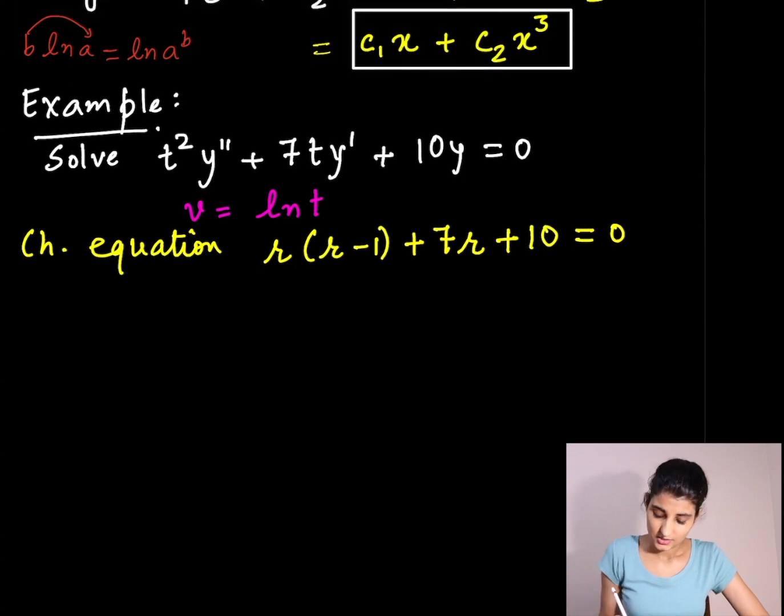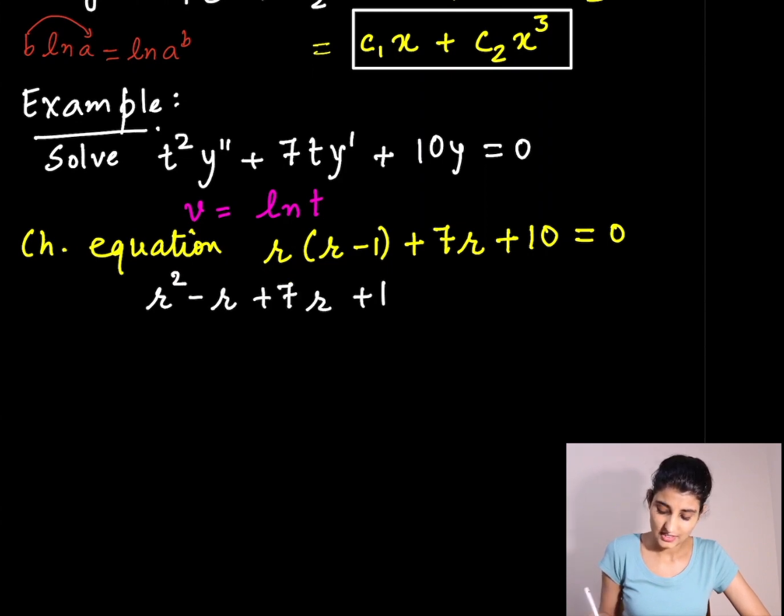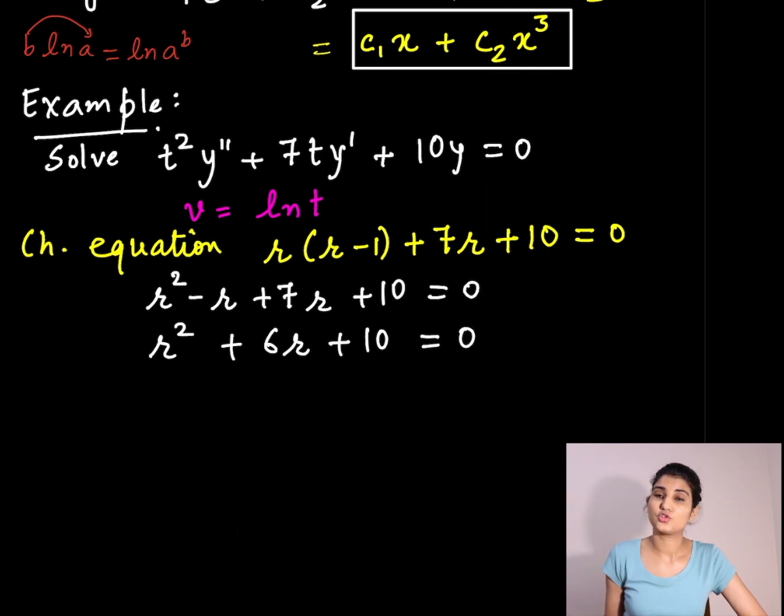This is equivalent to saying r square minus r plus 7r plus 10 equal to 0, so r square plus 6r plus 10 equal to 0. We want to find the roots of this equation. Let's use the quadratic formula.